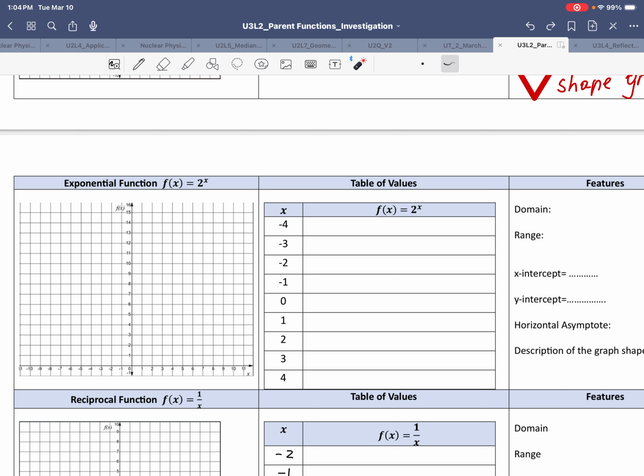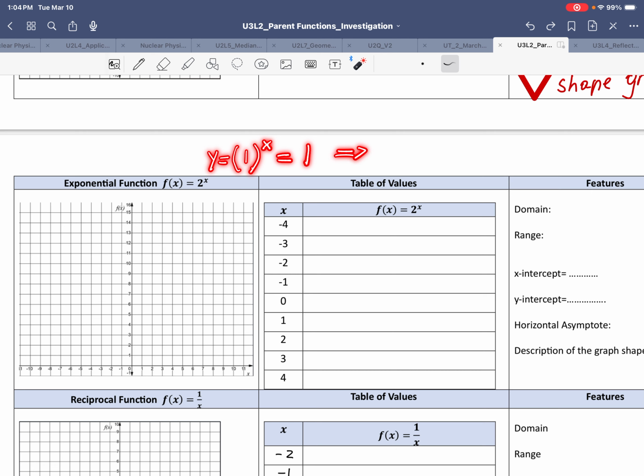So long story short, the base has to be positive. Now, there is another value that the base is not allowed to have, and that is a value of 1. So if the base is 1, imagine that y would be 1 to the power of x, and 1 to any power would be equal to 1.